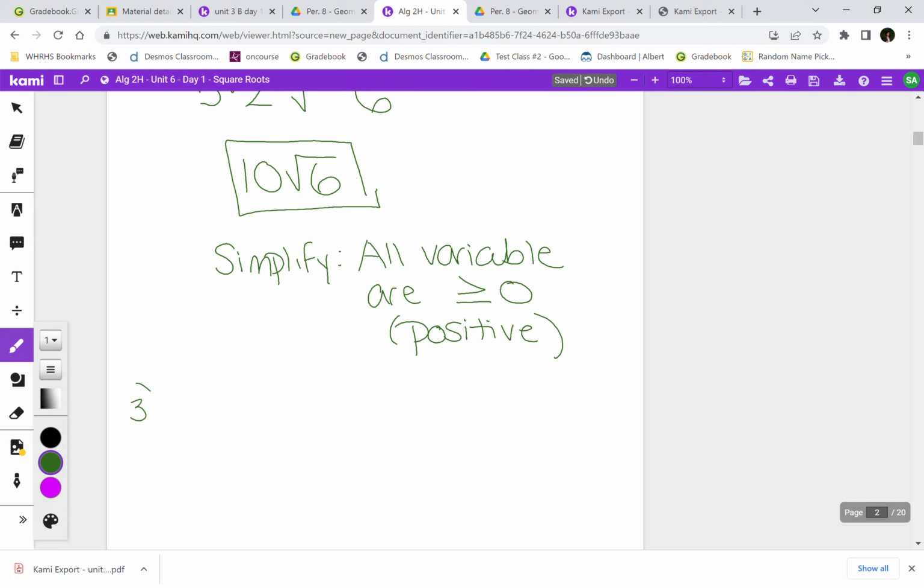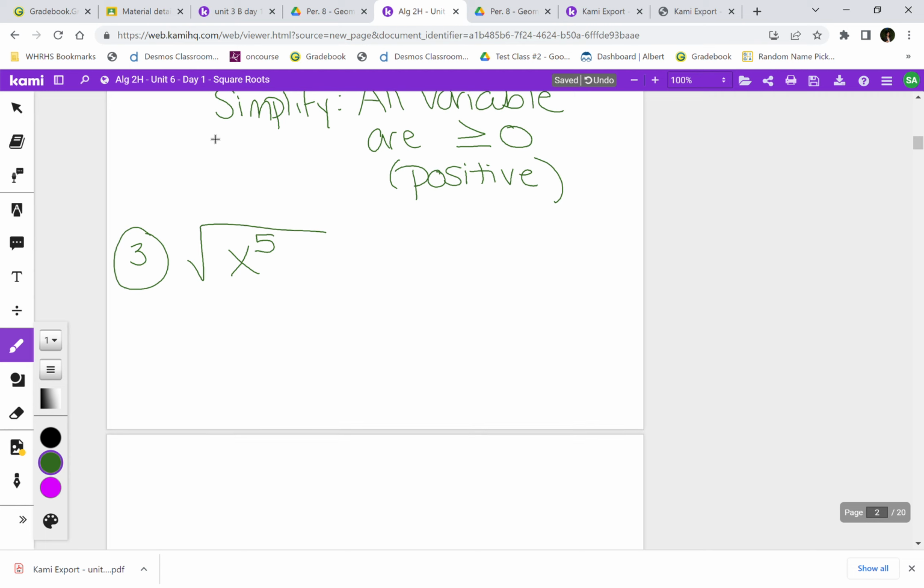All right, so let's look at this one. If I have the square root of x to the 5th, well, do we agree that x to the 5th is 5 x's being multiplied together? And what are we looking for? Twins. We're looking for pairs. So here's one.